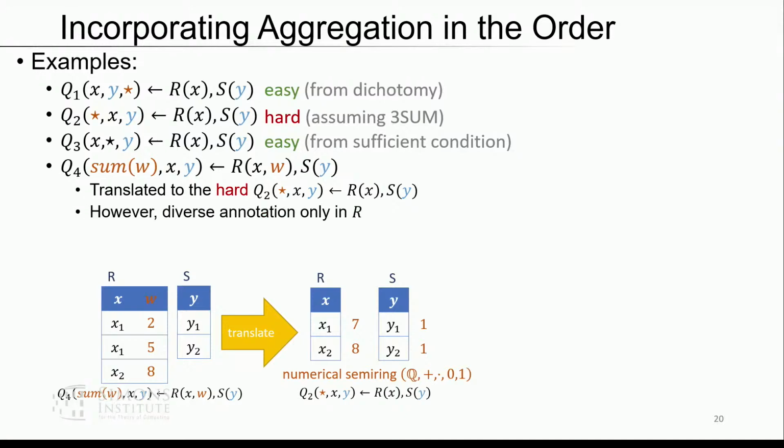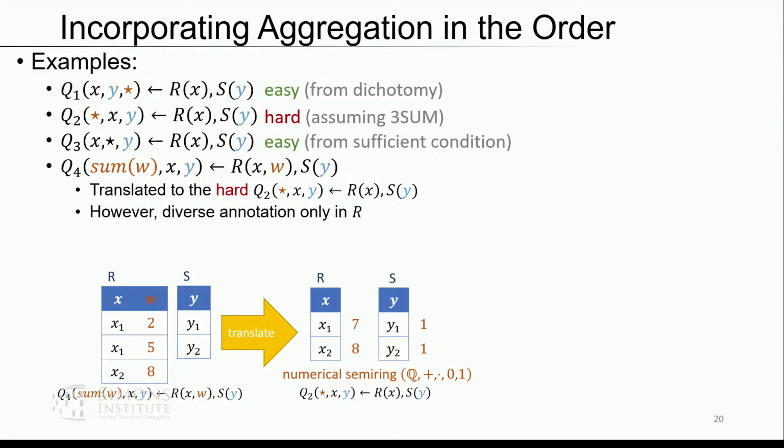Now, you can notice here that in this translation, only the relation R gets interesting annotations. Since S doesn't contain W here, it always contains 1. And in our hardness proof using 3SUM, in our construction, we had to put in S different interesting annotations.